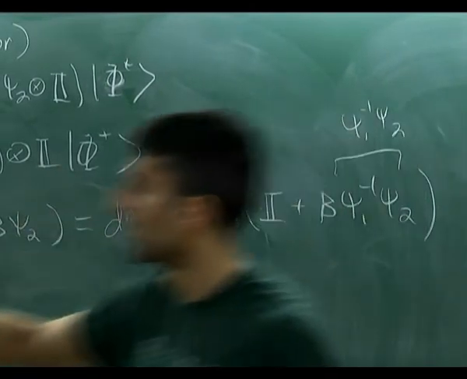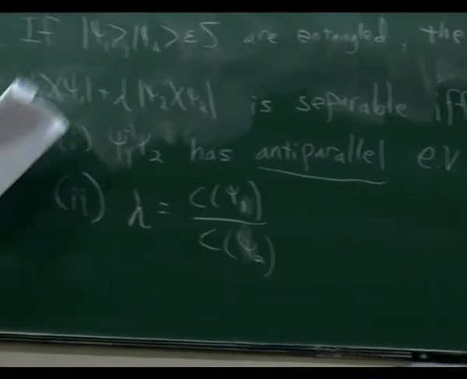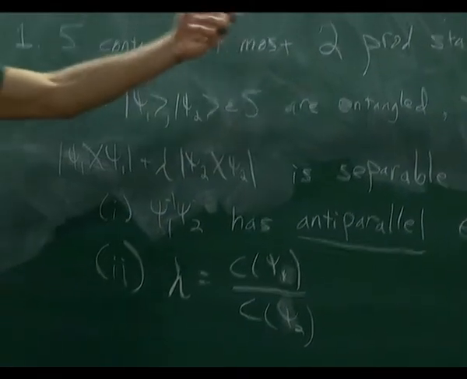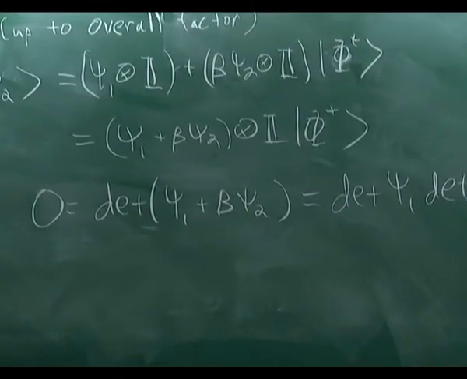Actually, the way I wrote this, I kind of wrote it backwards. I'm going to change this just because in my notes I've continued the argument in this way. It doesn't matter. I guess we could have factored out a psi 2 here, and it would have been exactly the same.